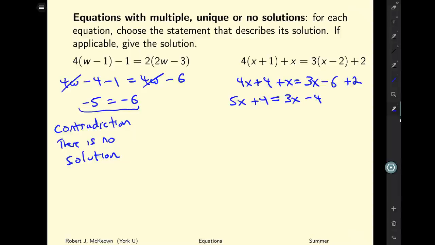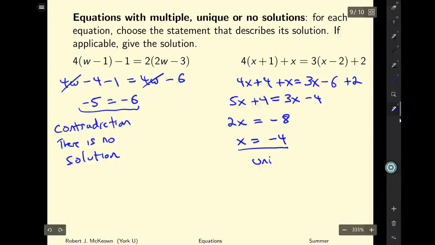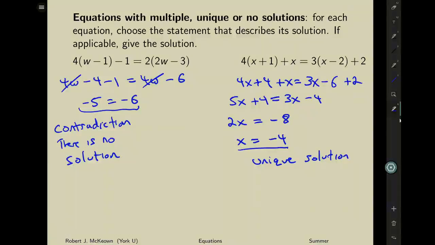And if I subtract 4 off both sides of the equation, and I subtract 3x off both sides of the equation, I get 2x is equal to minus 8, and x is equal to negative 4. And so you can see that there is a unique solution. There is one solution to the equation on the right. The equation on the left, there is no solution.